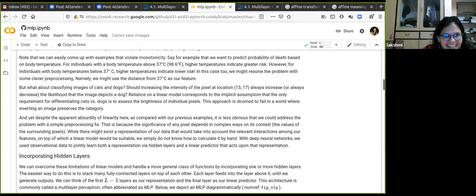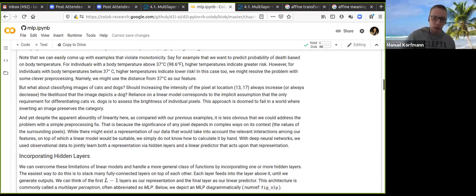So, what about classifying images? I'm still processing that paragraph. Should increasing the intensity of the pixel at location 13 always increase?